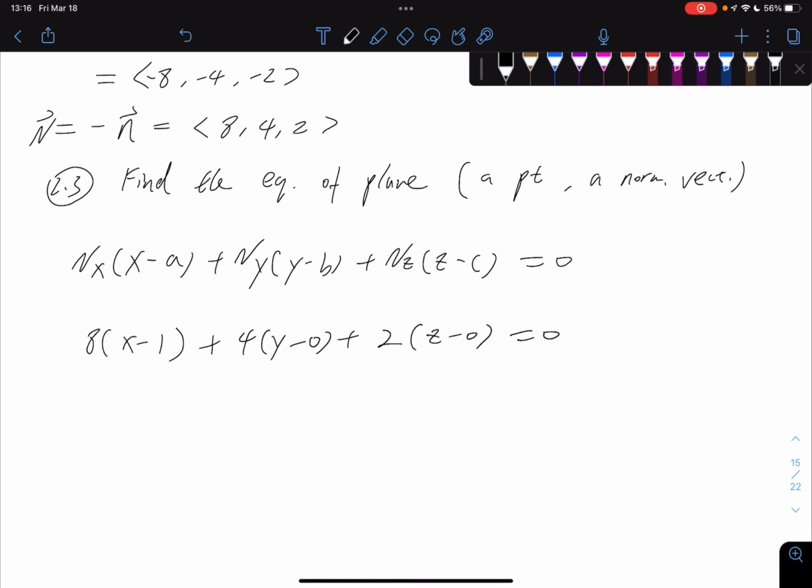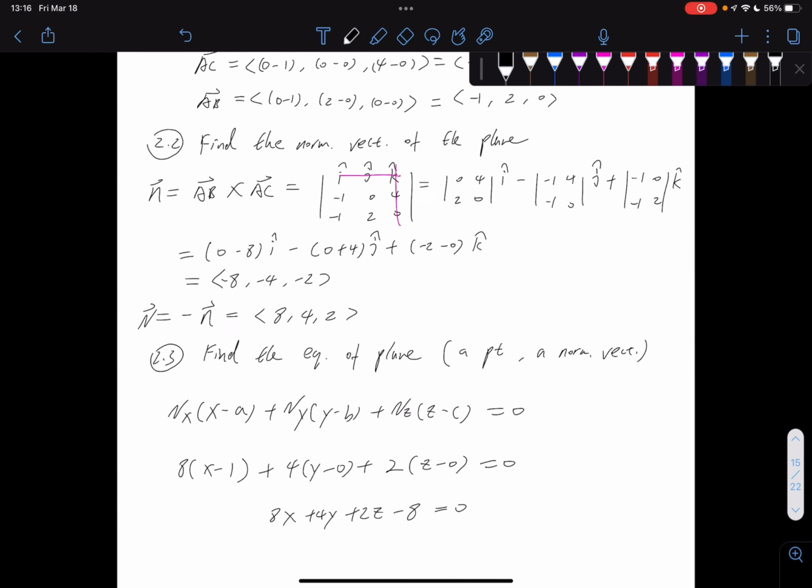Simplify that, and it will give us 8x plus 4y plus 2z minus 8 equals 0. All right, so now we found the equation of the plane.